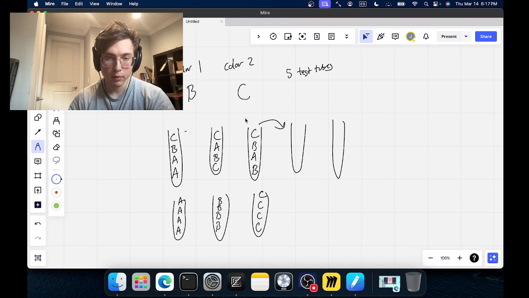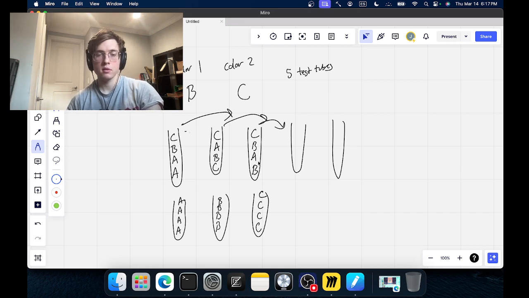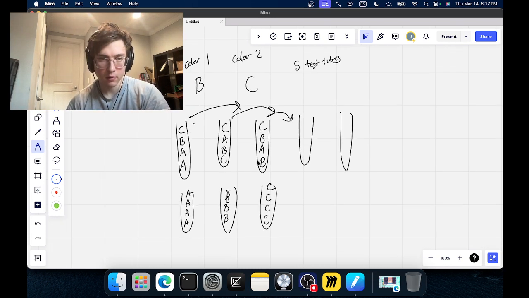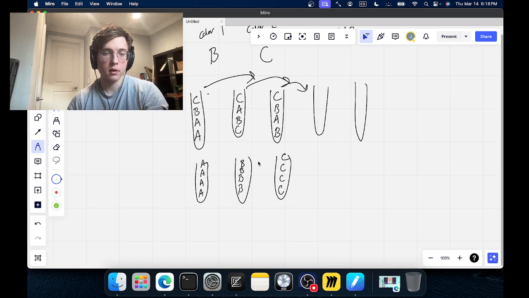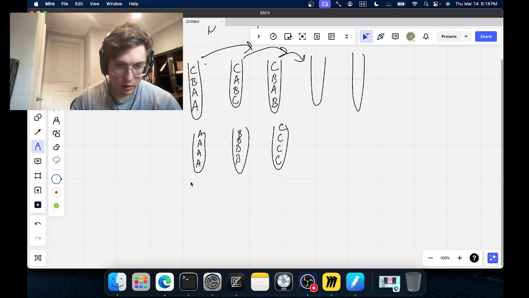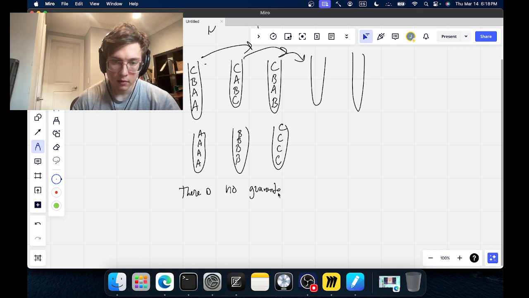Probably the first step is to pour C into 1. Probably a good idea, and then take out A, B. So when there's 3, it's really easy to solve. But as you get more, it's difficult to solve. And one thing to note here also is that there's no guaranteed solution.